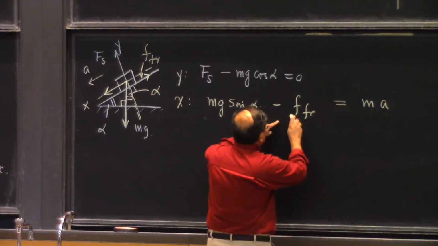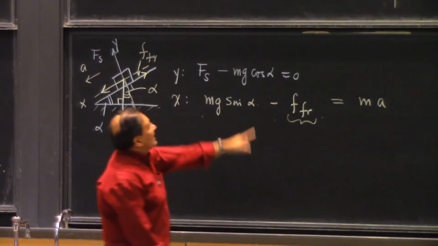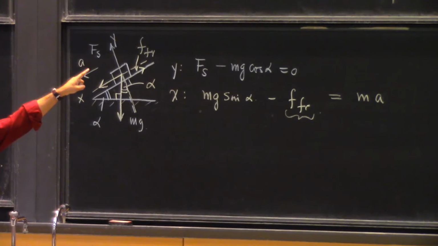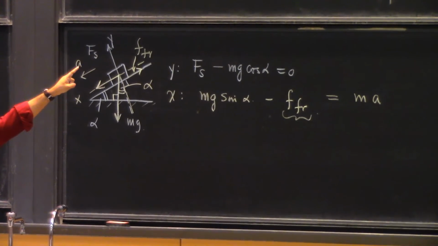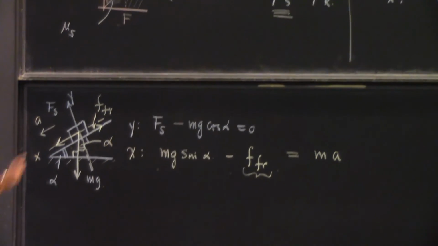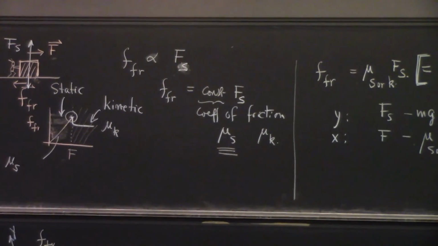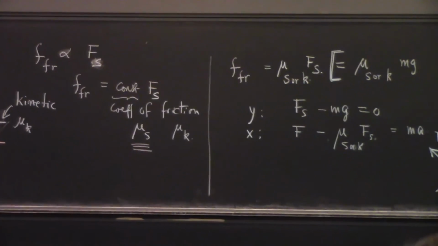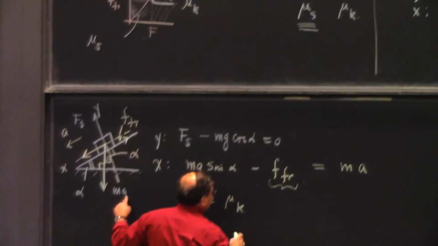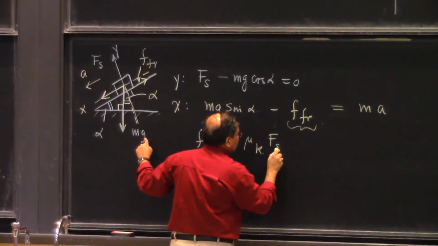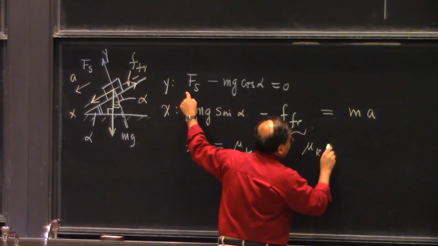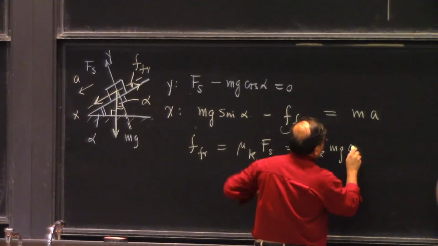Now let's see what we can unearth about this friction force, because I've already told you that friction force is the coefficient of friction, static or kinetic as needed, times the normal force. So my friction force I can write as mu s. In this case, suppose there is motion, so mu k times Fs, and I already know from the first equation that will be mu k times mg cosine of alpha.